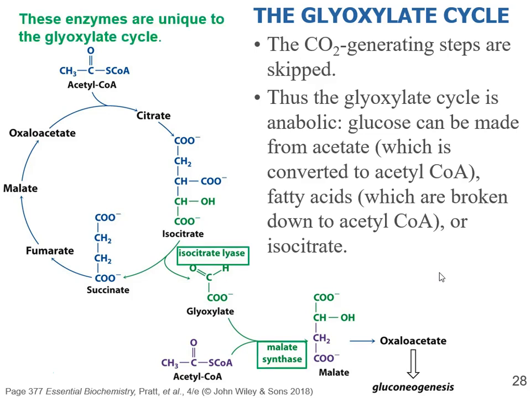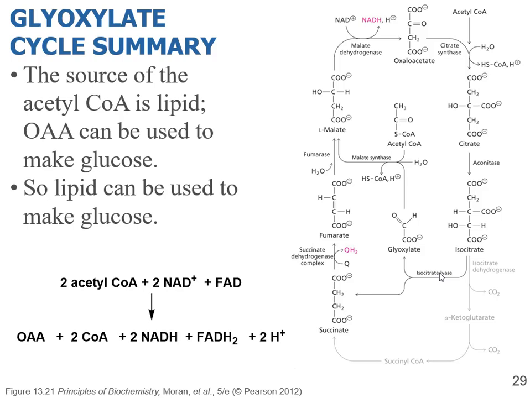Again, the enzymes in green, with the little green boxes around them, are unique to the glyoxylate cycle. If you don't have those enzymes, and mammals don't, then you cannot carry out these reactions.